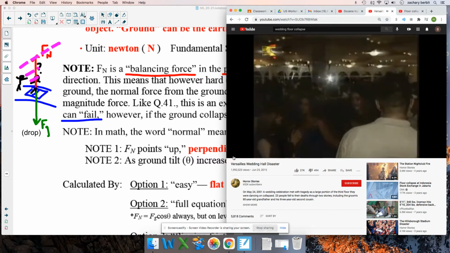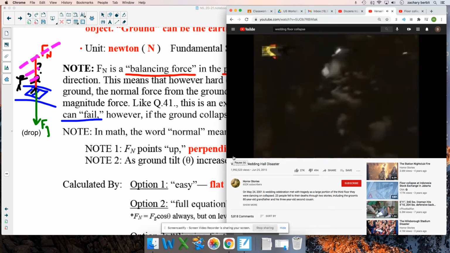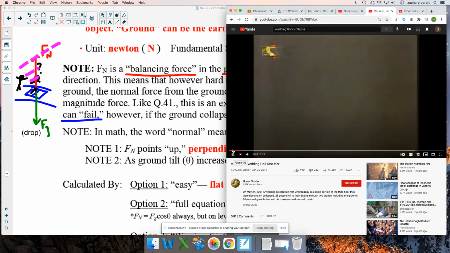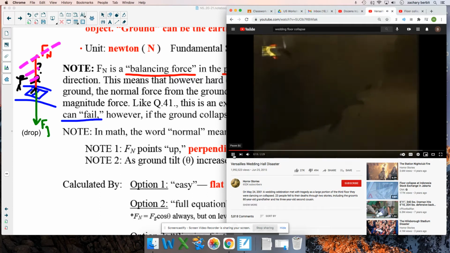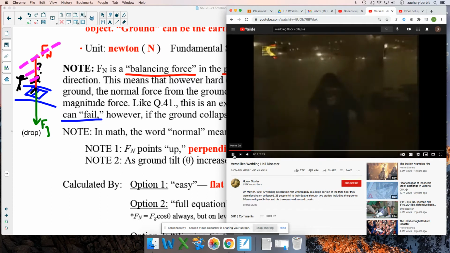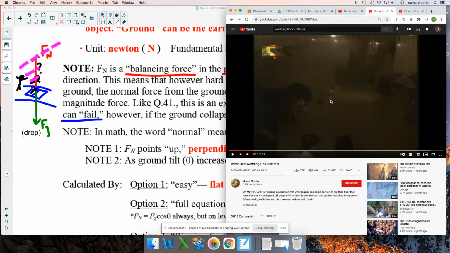And this was much worse. The floor collapsed, fell 2 stories, went through the next floor below. This was third floor. And in this one, I believe, almost 300 people seriously hurt. It's like 33 people killed. Yeah, this is floors collapsing, the normal force disappearing.